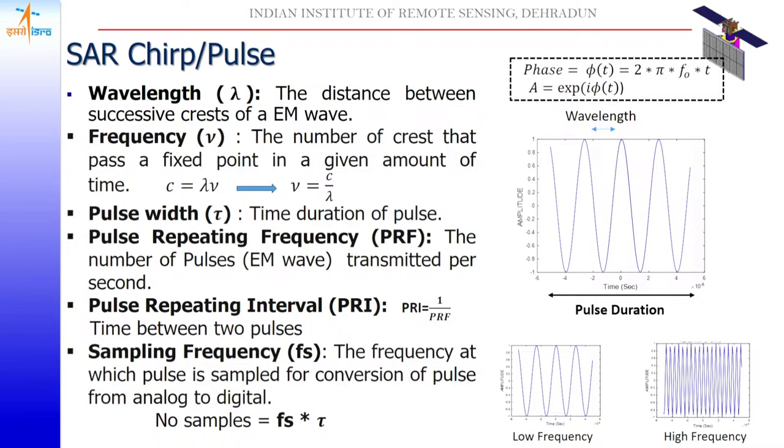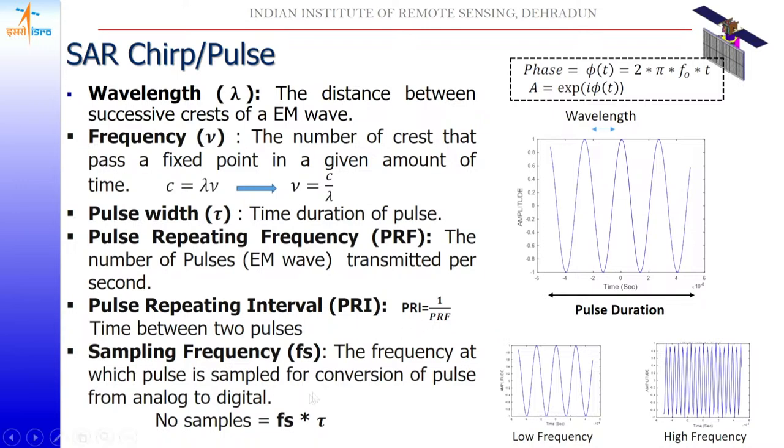And last is the sampling frequency. What is the sampling frequency? It is the frequency at which the pulse is sampled for conversion from analog to digital. The pulses are basically analog in nature, so at this frequency we sample them to convert from analog to digital.